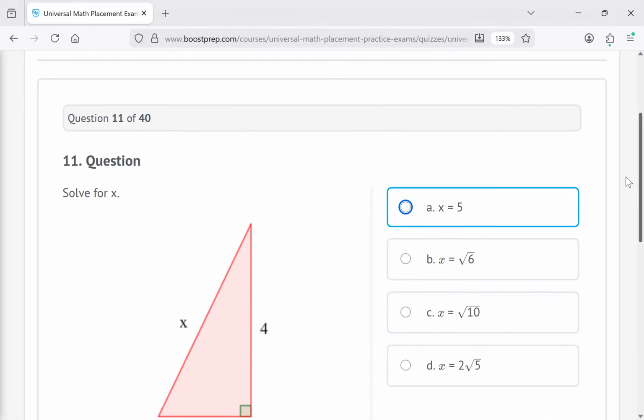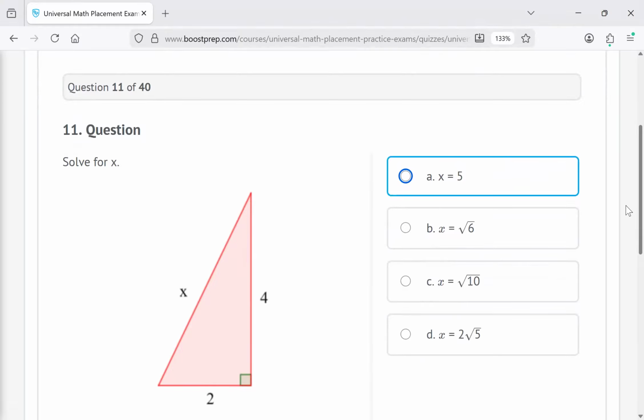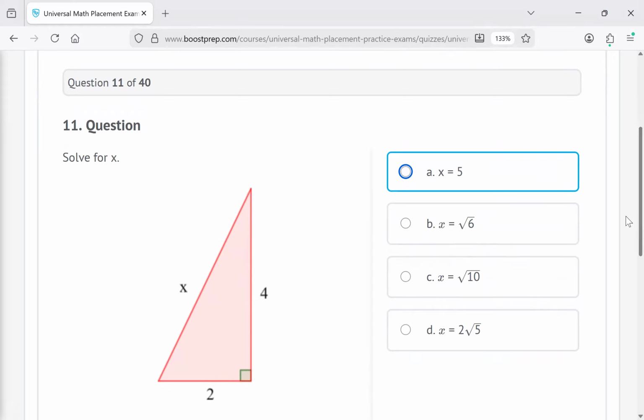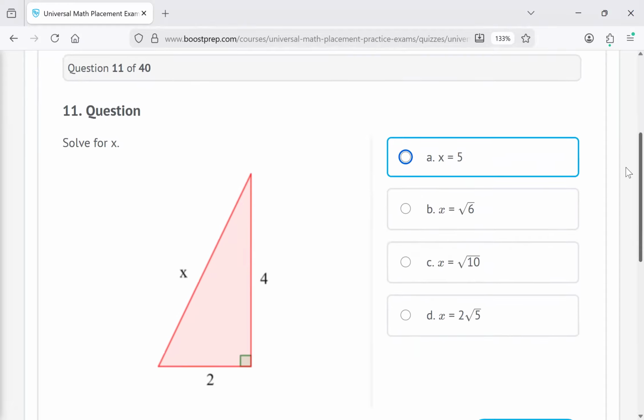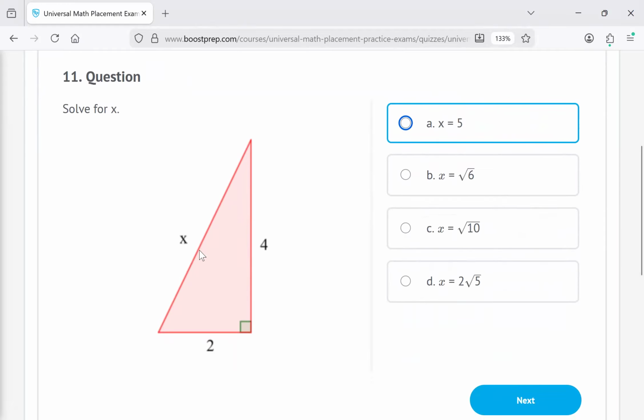Solve for x. So the good news is this is a right triangle, and we've got to solve for x. When you're dealing with right triangles, you can use the Pythagorean theorem: a squared plus b squared equals c squared. We have two legs, so we definitely can use Pythagorean.